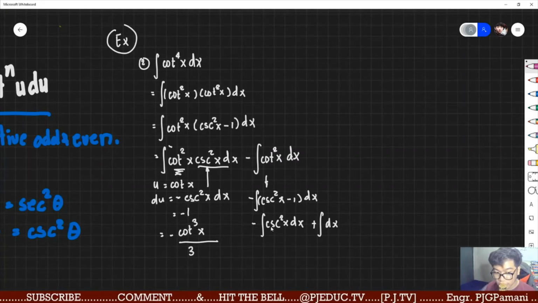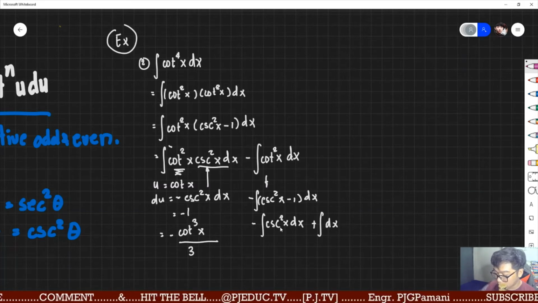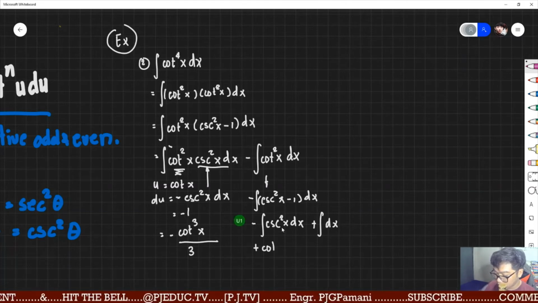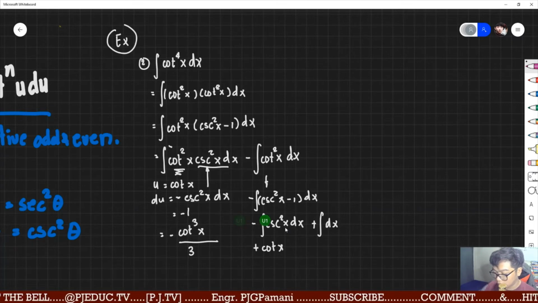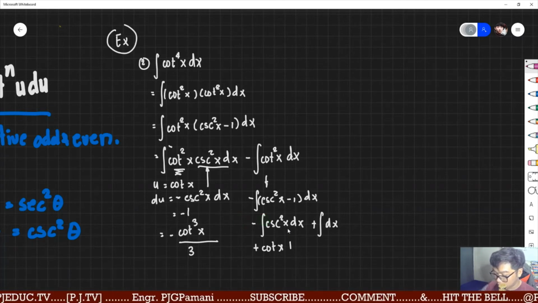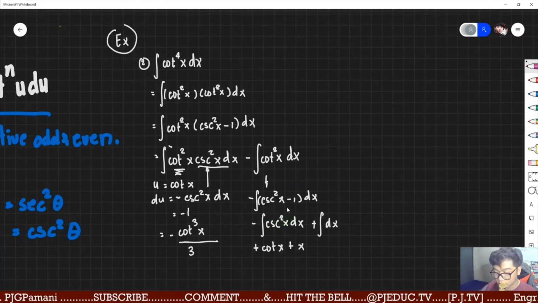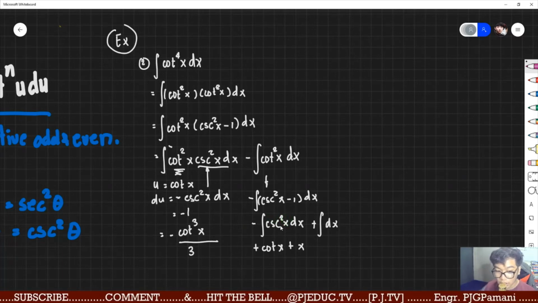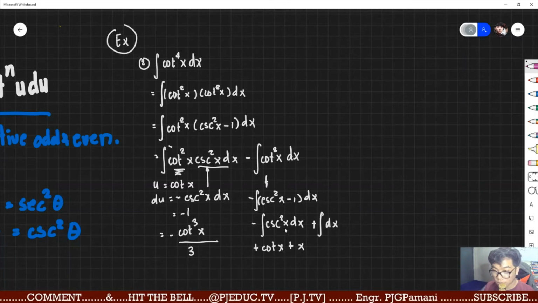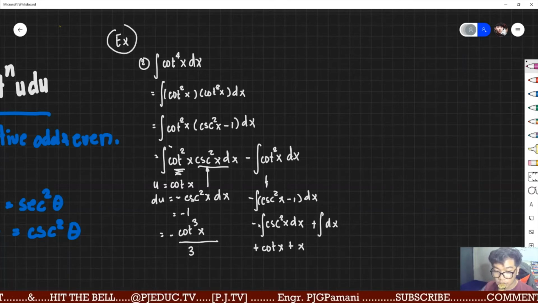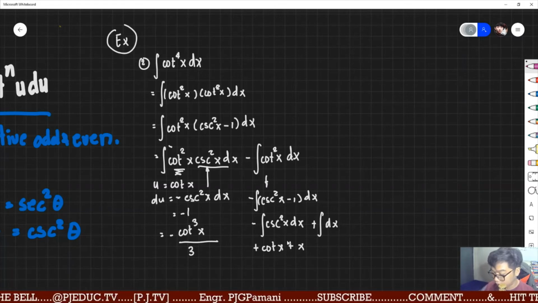That is negative cotangent x. Then the integral of dx is positive x. The integral of cosecant squared x is negative cotangent, so negative times negative is positive.